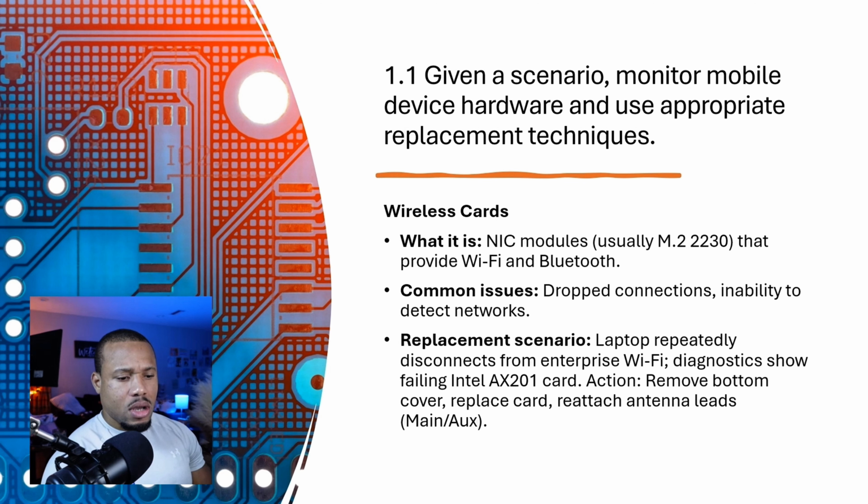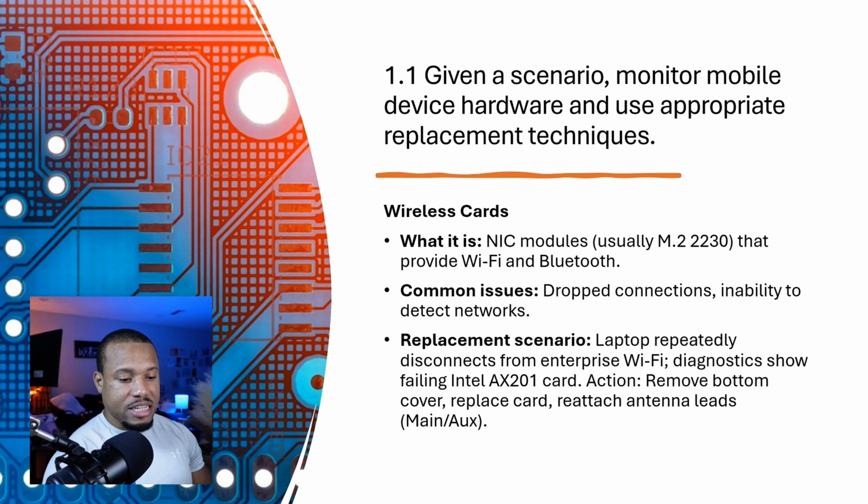Wireless cards are network interface card modules, often M.2, that enable devices to connect to Wi-Fi and Bluetooth networks. When these cards fail, common issues include dropped connections and the inability to detect available networks.